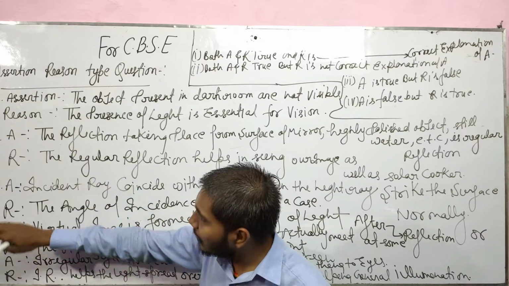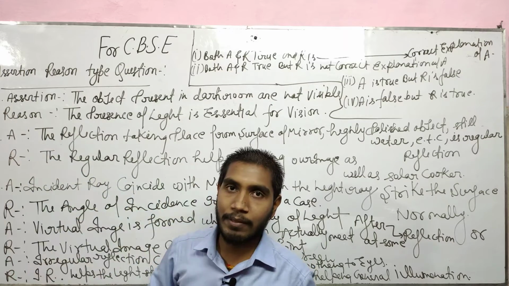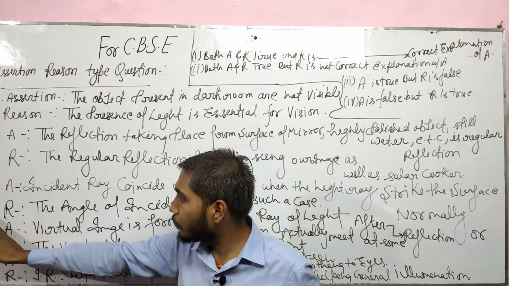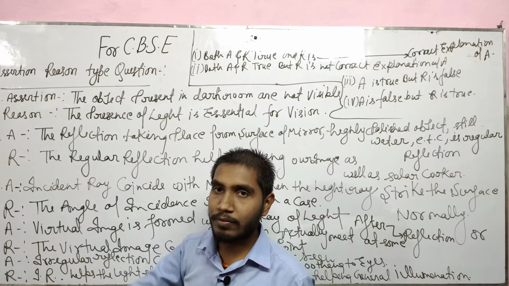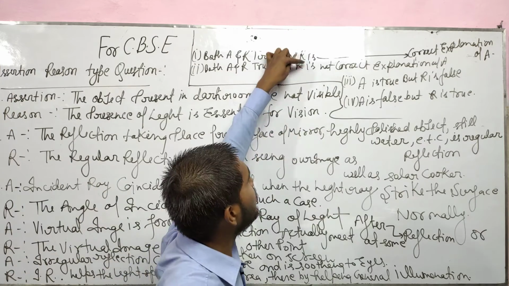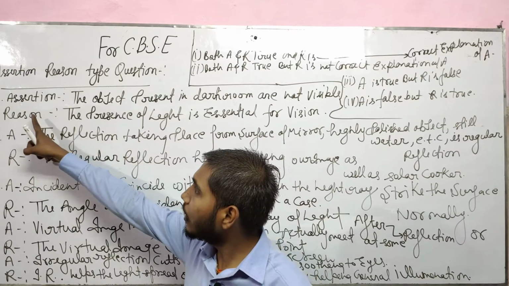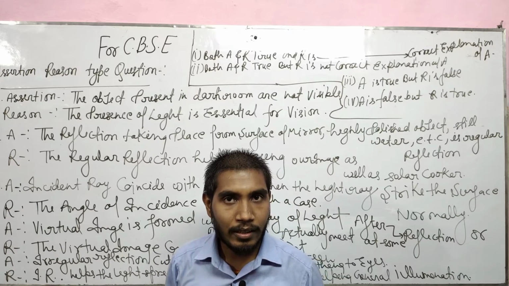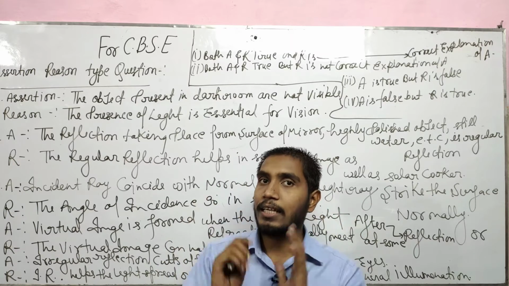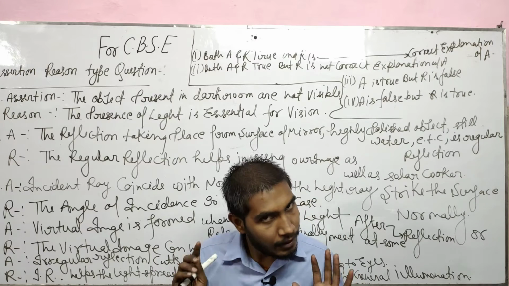For every question in these 5, first, second, third, fourth, fifth, these 4 options are provided, and any one option is correct for every question. Understood? I think you understood what I am saying.